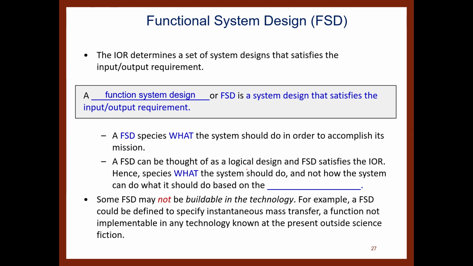Any system that logically is able to take that input and transform it into this output is what we're going to call a functional system design. Right now, we are not thinking about technology. This is more like, okay, these are the functions, right?